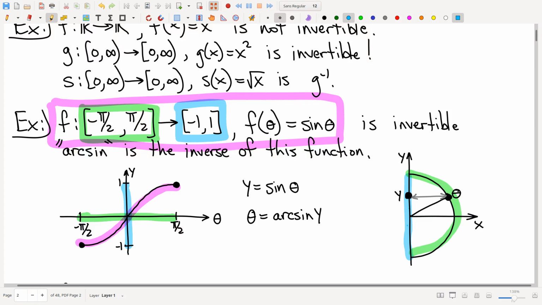Right? So sine and arc sine both can be thought of as, well, just whichever way you're going between green angles and blue y-coordinates. Very simple, ultimately, point of view about sine and arc sine. Okay, moving along.